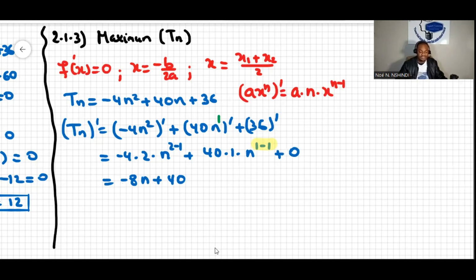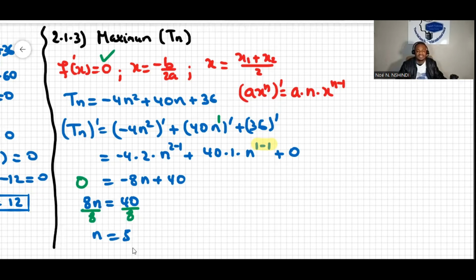Now we're going to set this equal to 0, as the formula says. The derivative of the function is set equal to 0. So if I move negative 8n over, that makes 8n equal to 40, and then we divide both sides by 8, and n will be equal to 5.